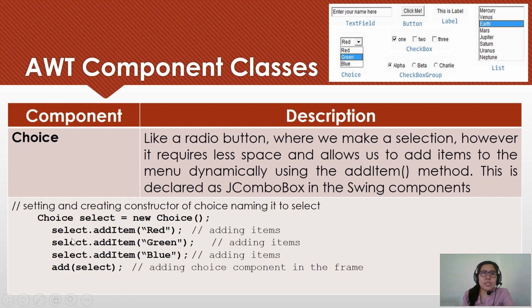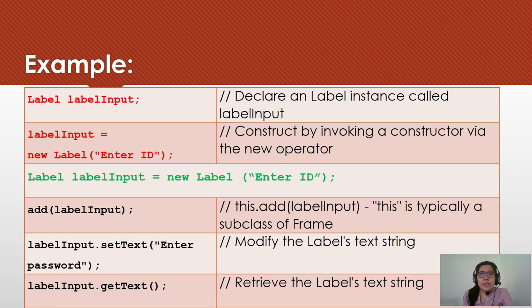Using the object select, we add the items red, green, and blue. And after which, we'll add that to the frame using the keyword add and then the object of choice, which is select. Okay, so we have here an example of how we are going to code.